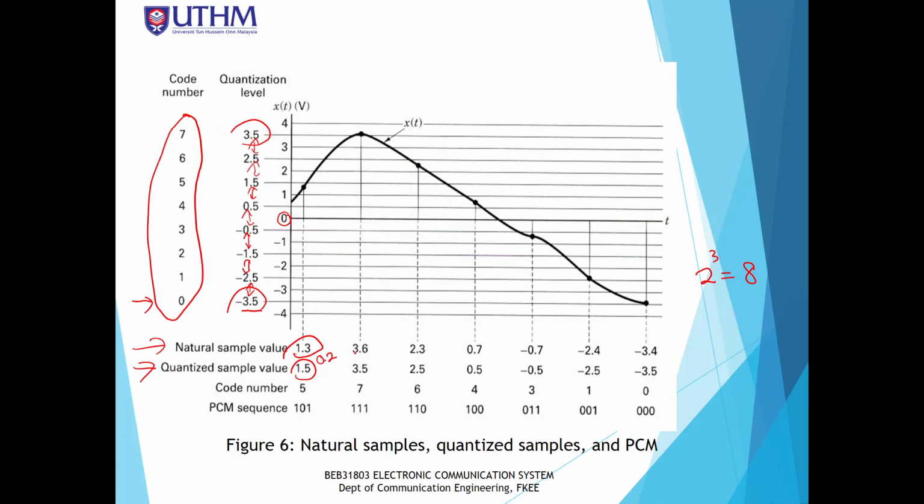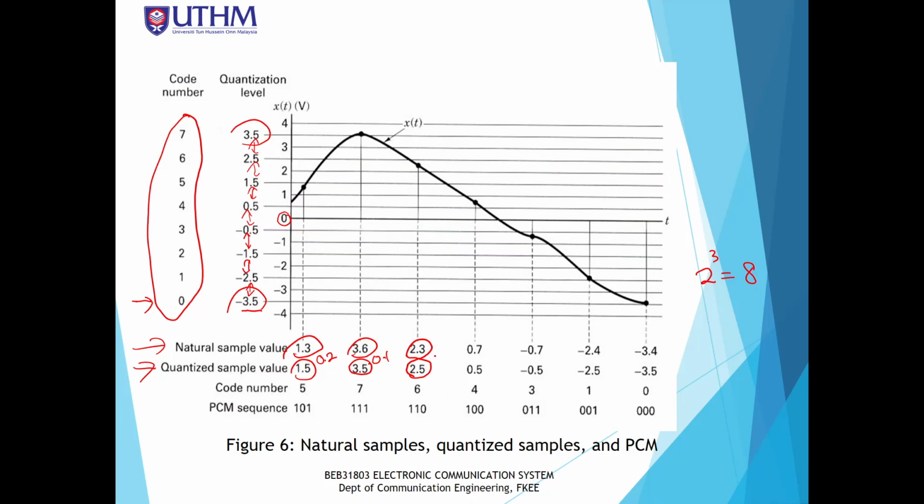So that means we rounded up the value by about 0.2. And then, for example, the second sample is 3.6, so the nearest quantized level is 3.5 volt. Therefore, the quantization error is 0.1, the difference. And then, for example, here the sample value is 2.3, and we rounded up during the quantization to 2.5 volt.